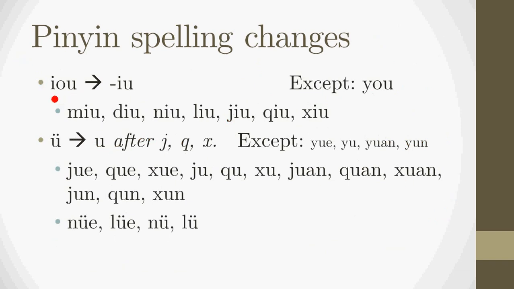Next one is IOU to IU, and in this case we have miao, dio, nio, liu, jiu, qiu, xiu. Okay, in all these cases you really pronounce the O even though it's not written. And the exception is IOU changing into YOU, yo.